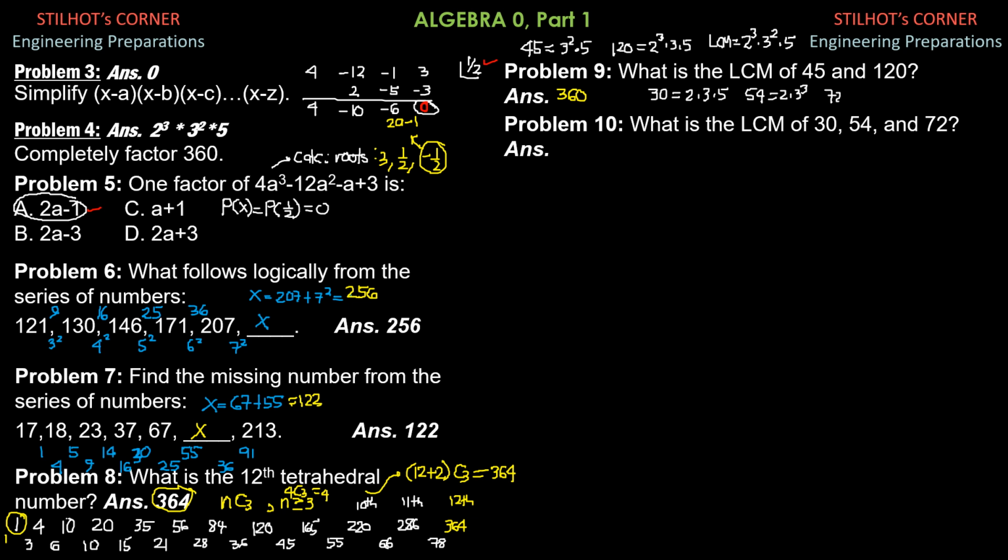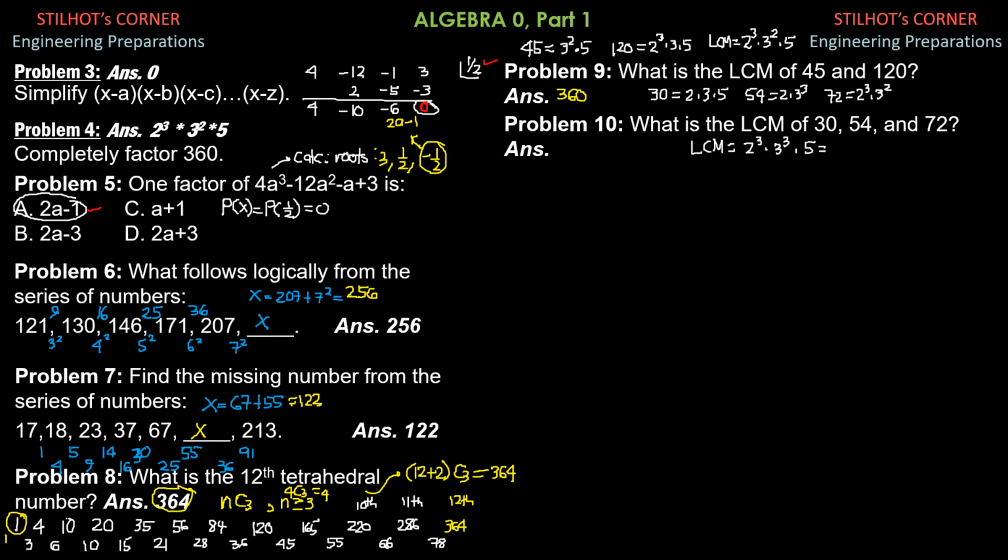72 is 8 times 9, which is 2 cubed times 3 squared. So therefore, the LCM is equal to 2 cubed times, for 3 it's 3 squared, and for 5 it's 5, no other.